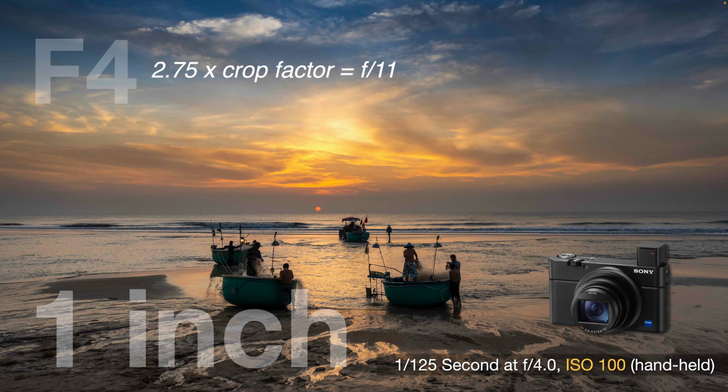And of course if you are working with even the little 1-inch sensor cameras such as the RX100 cameras, the RX10 cameras, they're using what's called a 1-inch sensor, and the crop factor on these cameras means that an aperture of f4 is equivalent to using an aperture of f11 on the full frame cameras.